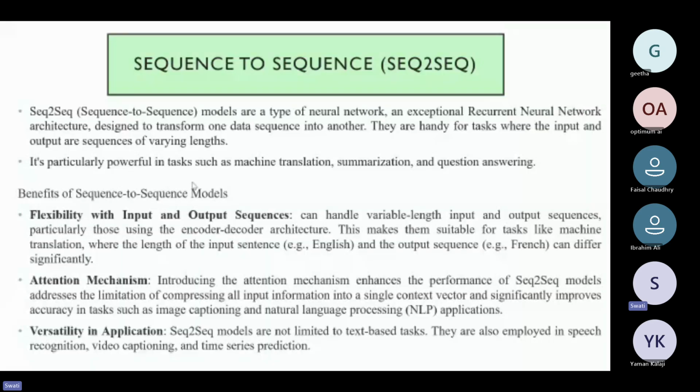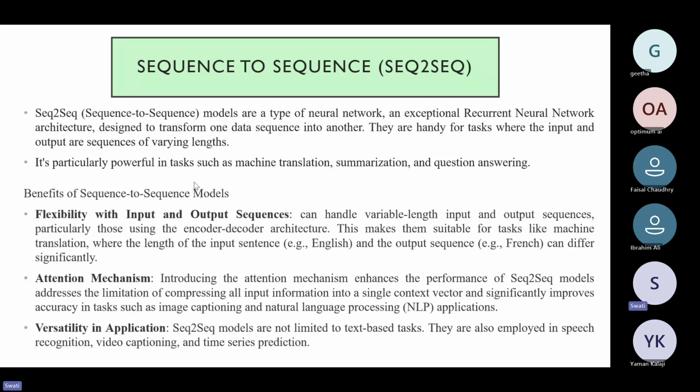In Japanese, it will be konnichiwa, with more characters. So when the input and outputs have varying lengths, you can use this sequence to sequence model. Mainly it's used for machine translation, summarization, and question answering, because question and answer lengths may vary.